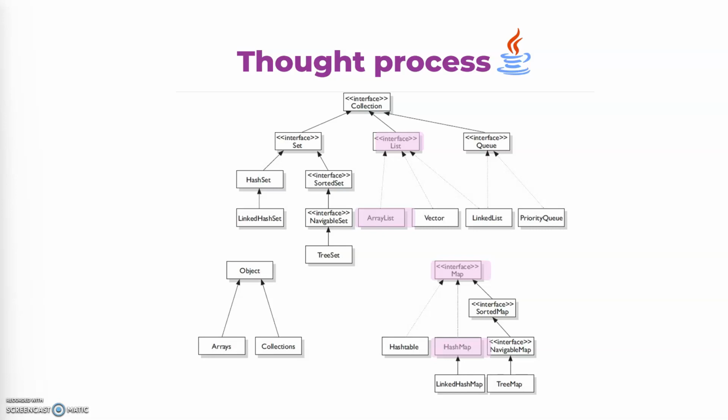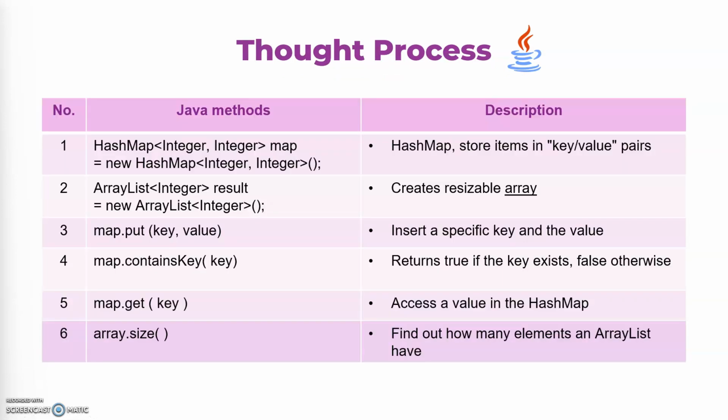Next, I would like to go through Java. To implement this solution in Java, from the Java collection framework, I've used the ArrayList and HashMap. So these are the 6 Java methods that I'm going to use in this problem. And HashMap is a very similar concept to JavaScript.